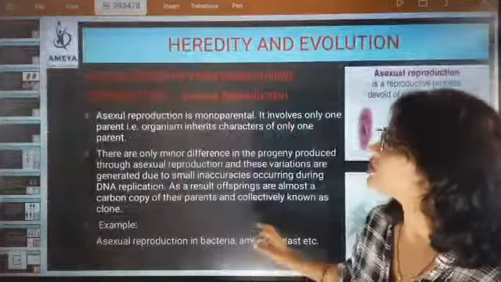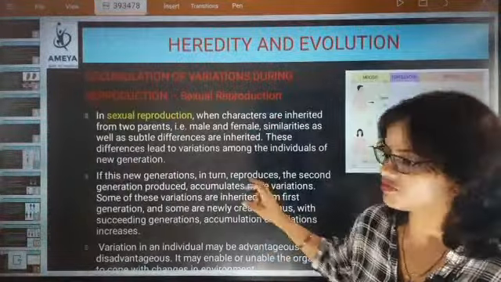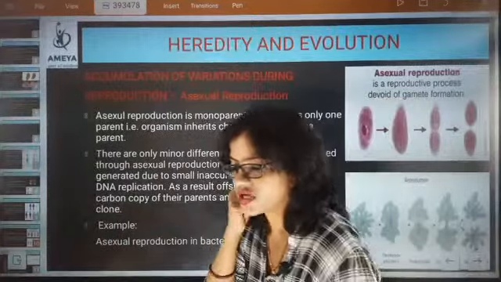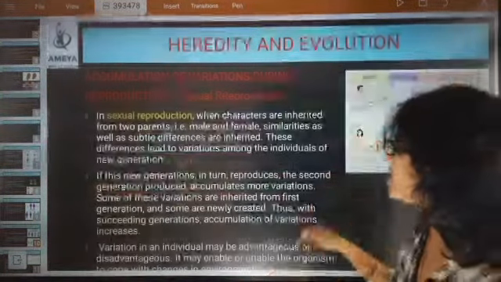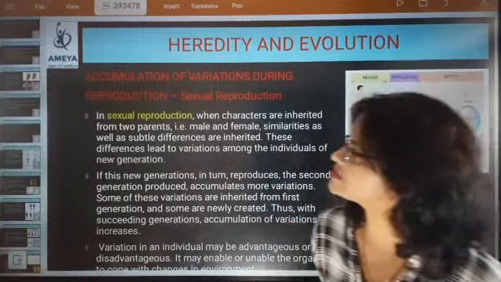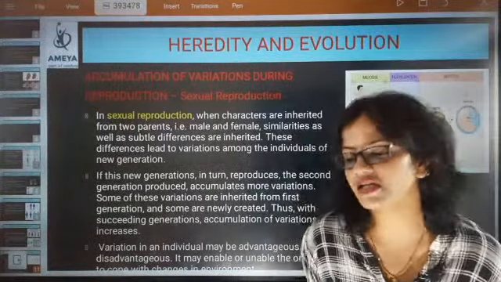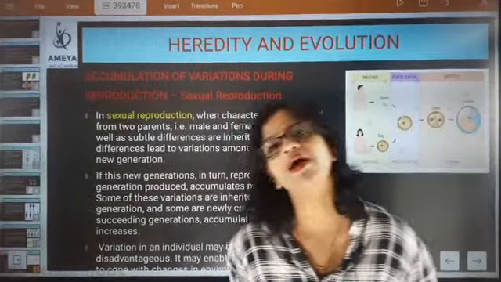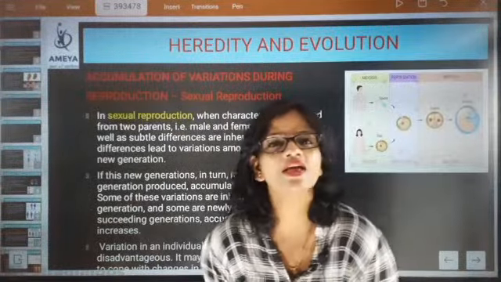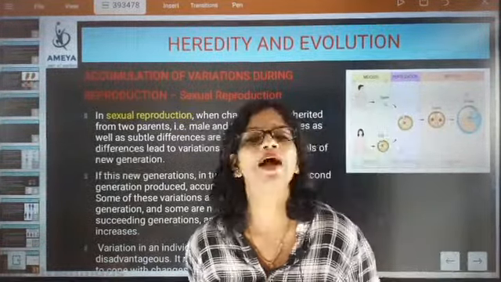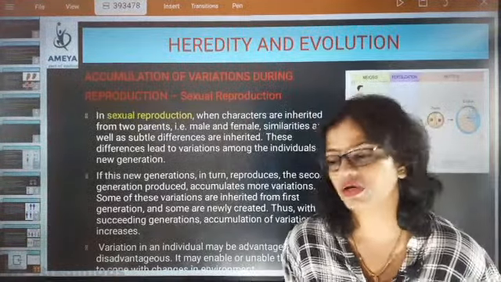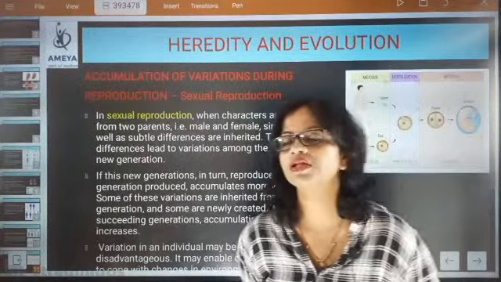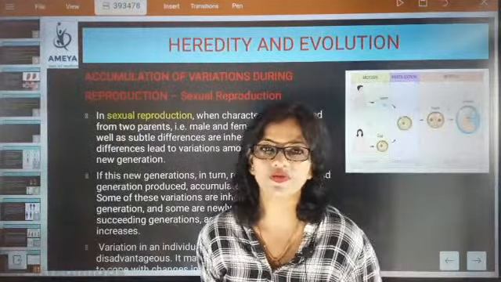Asexual reproducers like amoeba, bacteria and yeast exactly replicate their parent, because the parent cells are only dividing or giving the daughter cells. Because of that they will be totally similar to their parents.